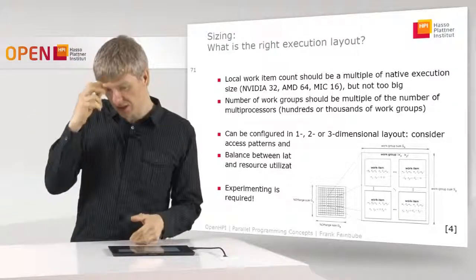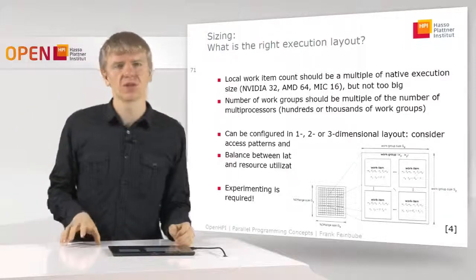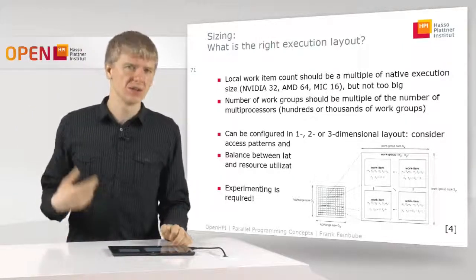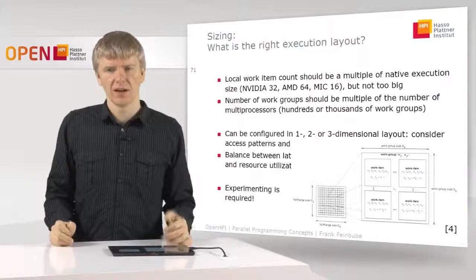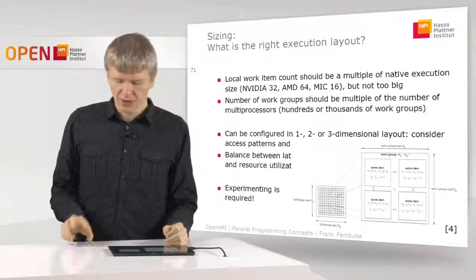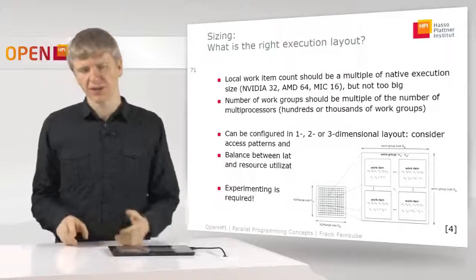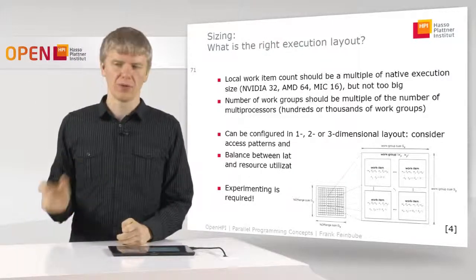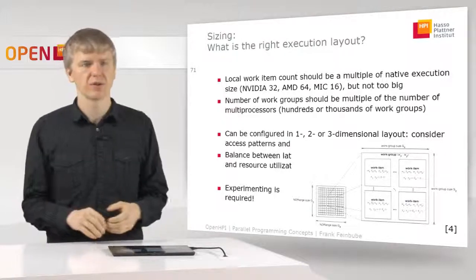And if you have really large workgroups, then you are only able to store 2 of those on the multiprocessor, and then you cannot really use the memory latency hiding mechanism as well. So in contrast to this, if you have small workgroups, then you can benefit from memory latency hiding because all the time a workgroup is accessing memory, they can just put the workgroup away and have another workgroup executing.